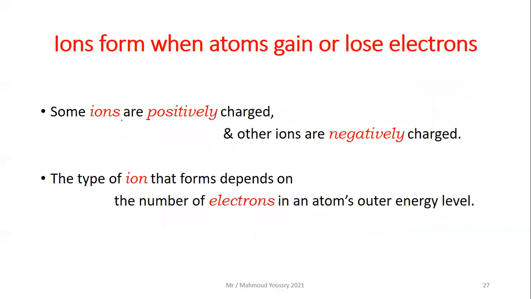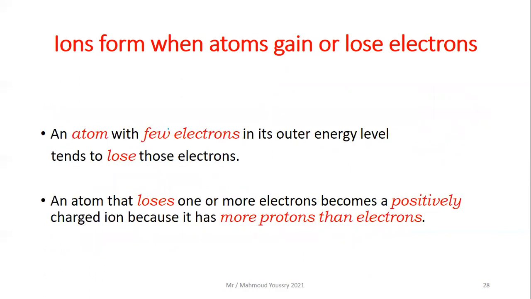Some ions are positively charged and others are negatively charged. The type of ion that forms, whether positive or negative, depends on the number of electrons in an atom's outer energy level. What do I mean by this?